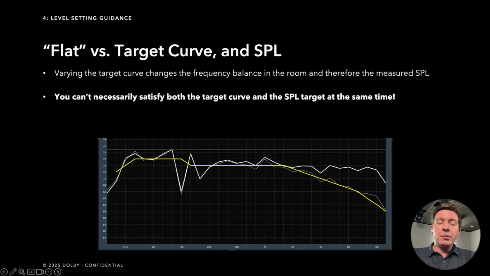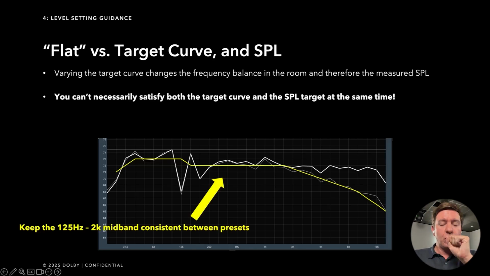But then if we apply the HF roll-off and try to calibrate that to the same SPL, what we're actually doing is changing all of those other frequencies as well. So we're turning the whole system level up or down to try and match this single SPL value. In that scenario where we've got multiple presets, what we generally recommend is to focus on the critical midband, the part of the frequency range that doesn't change between those presets.